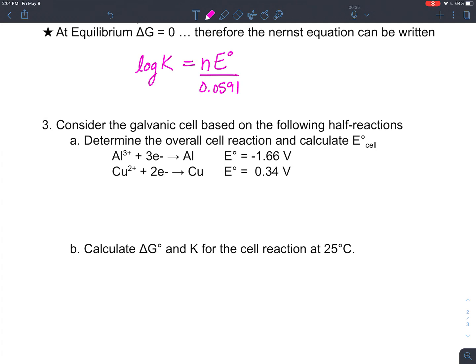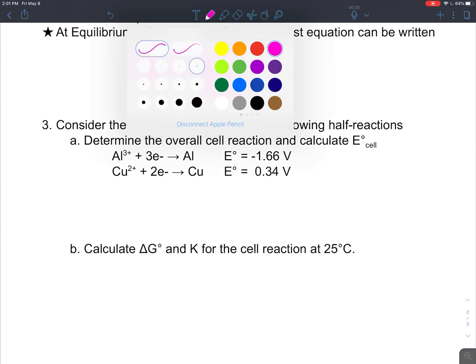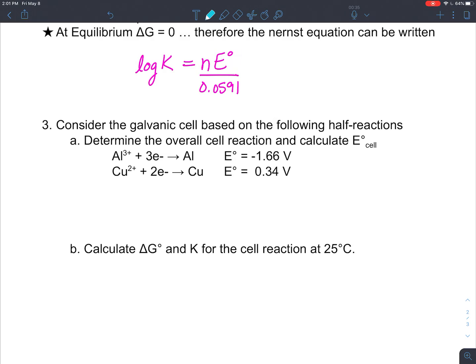Okay, so let's do some calculating here. Consider the galvanic cell based on the following half reactions. Determine the overall cell reaction and calculate E cell. All right, so the first thing is the more negative E cell is going to be our oxidation. So we're going to flip this. So let's go ahead and flip, and I'm just going to write it down below.